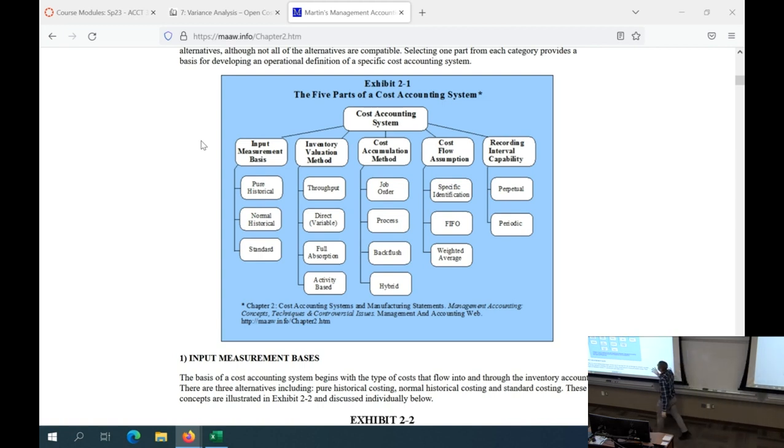The fourth question we can answer is cost flow assumption. We can specifically identify where the costs are, what units hold their costs through. Well, this Lambo over here costs us this much, and we're going to track very carefully how much it costs because it's a high-ticket item, and track its costs all the way through. Or we can have a bunch of cars going through the assembly line, and we're going to decide on a FIFO, or he didn't include LIFO.